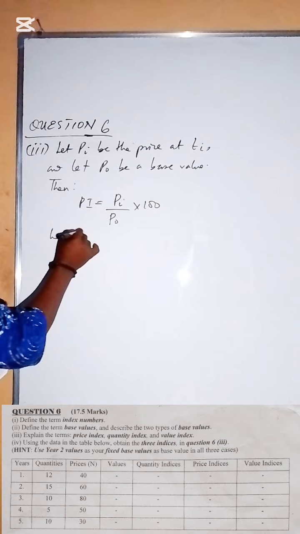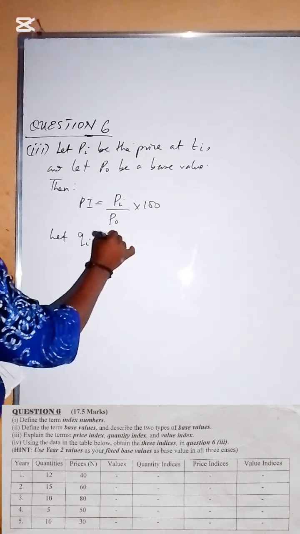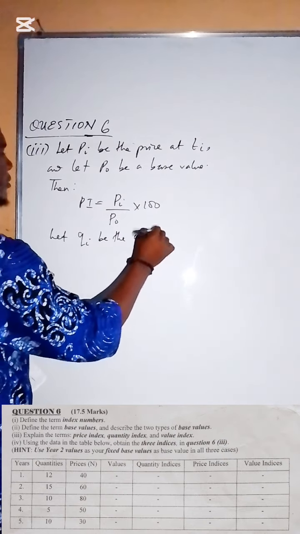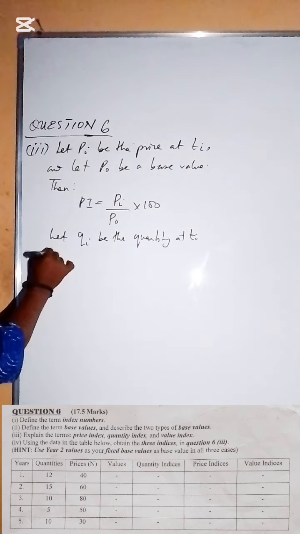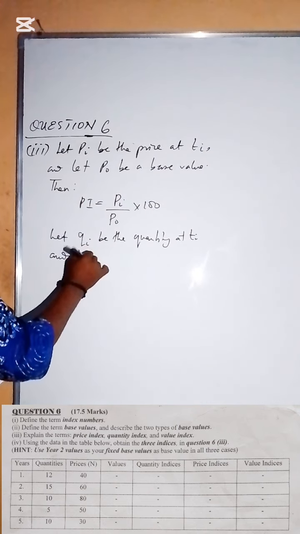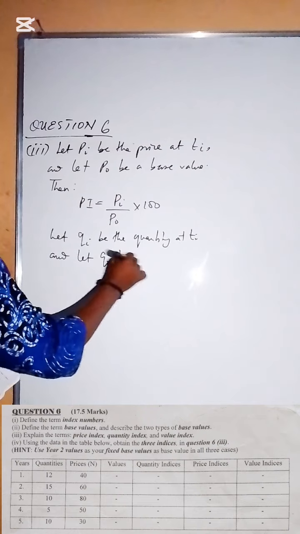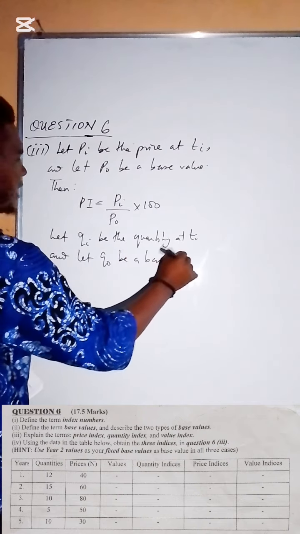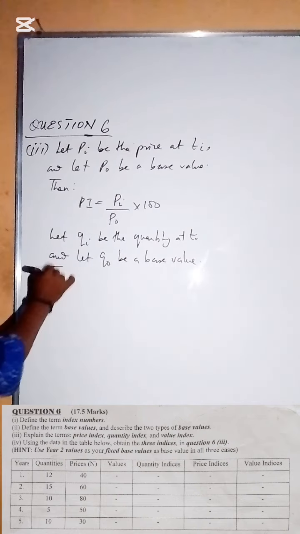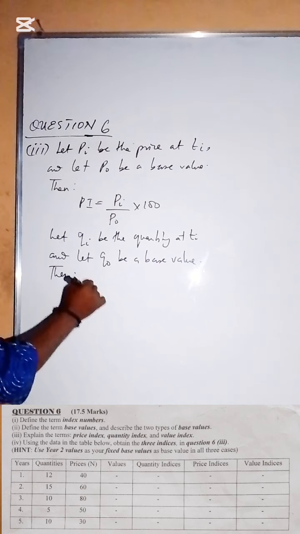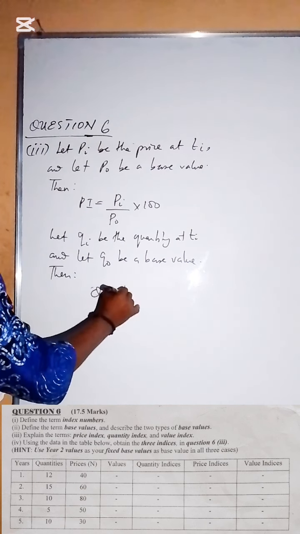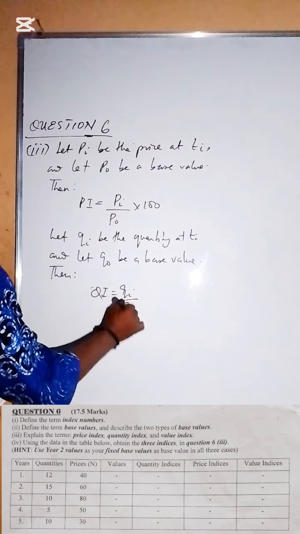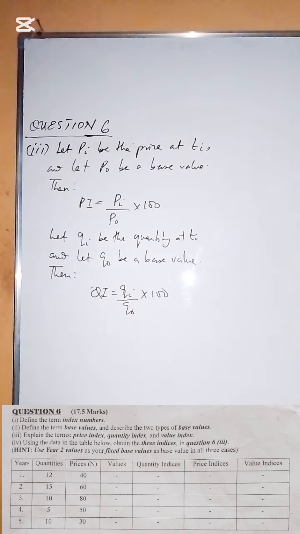Next, let QI be the quantity at TI for any commodity at all, and let Q0 be a base value. Then we say the quantity index will be equal to QI over Q0 times 100.